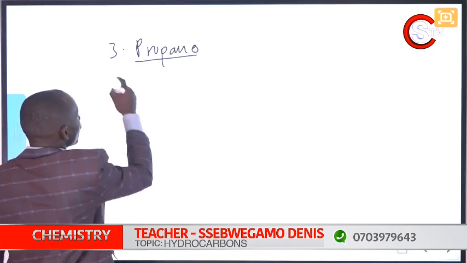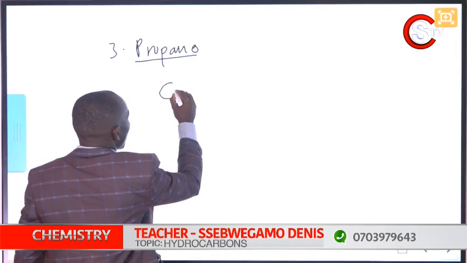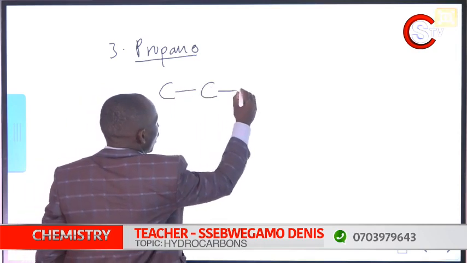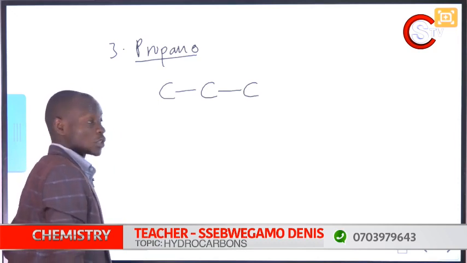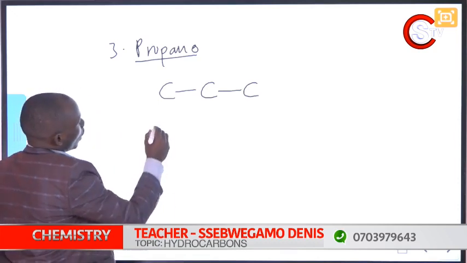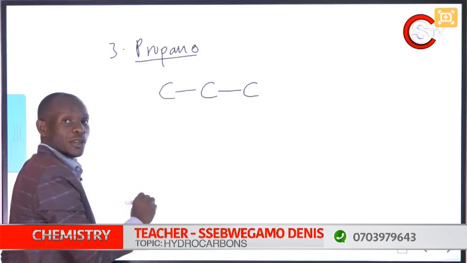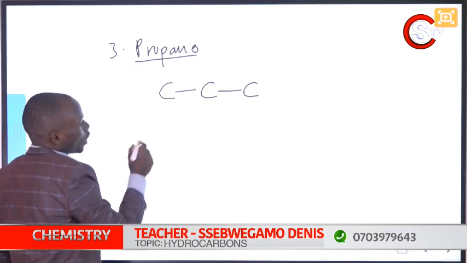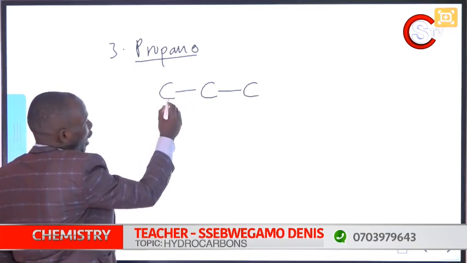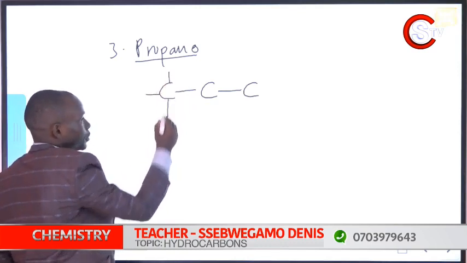So that means if I have 3 carbon atoms, the 3 carbon atoms are connected to each other by a single bond. So now, the carbon atom has to be surrounded by 4 bonds. Each carbon atom, for example, the first one, has only 1 bond. So it is lacking 3 bonds.